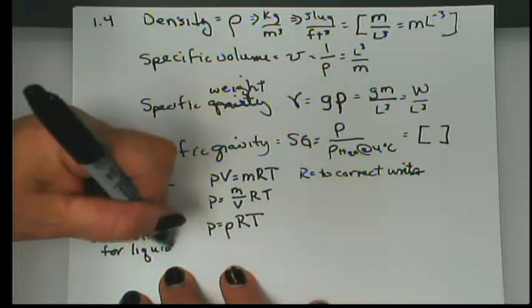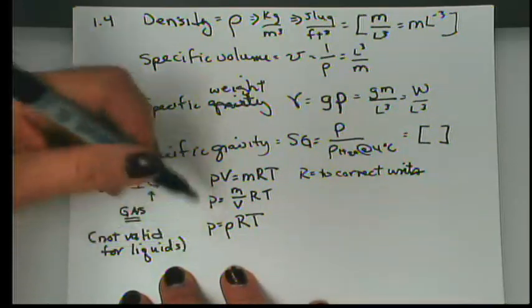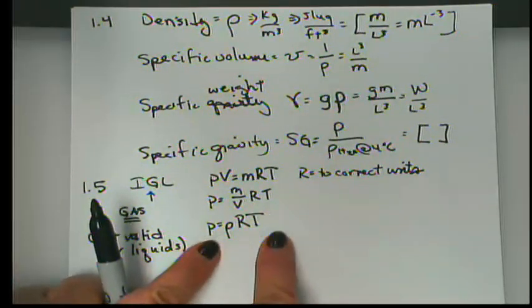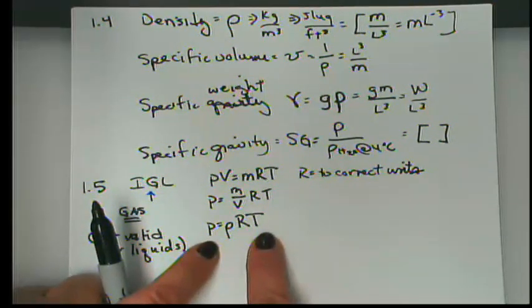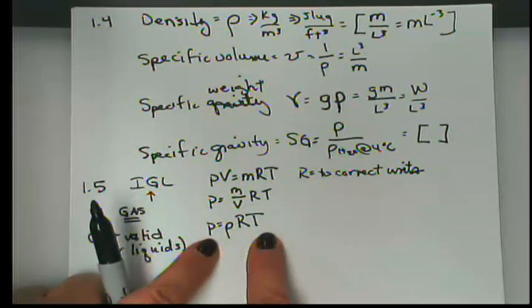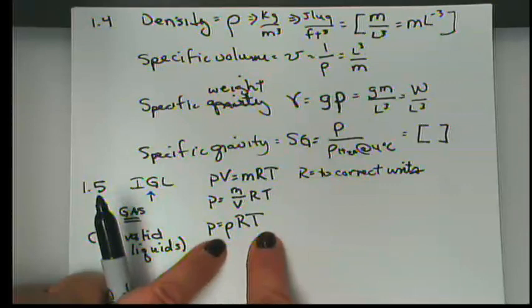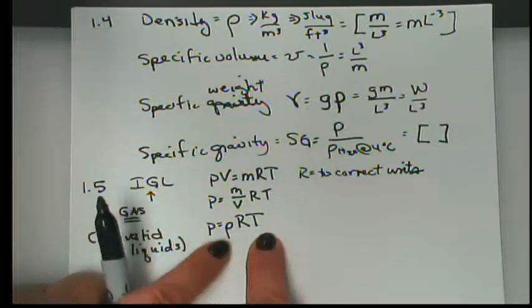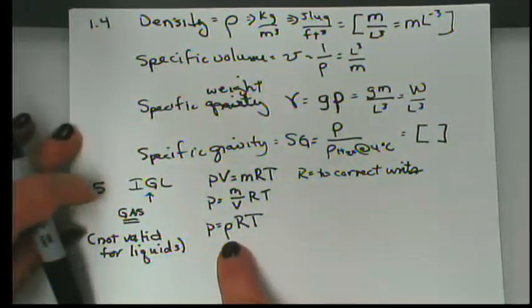The reason for that is gases are compressible, so this relationship between pressure and temperature is somewhat a direct proportion. That is not at all true for a liquid, and I'm sure you can visualize this: if you increase the pressure on a liquid, the temperature is not necessarily going to change, and you're also not going to increase the volume.